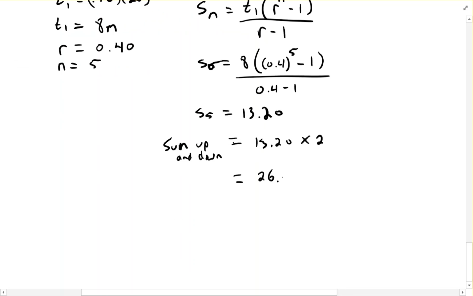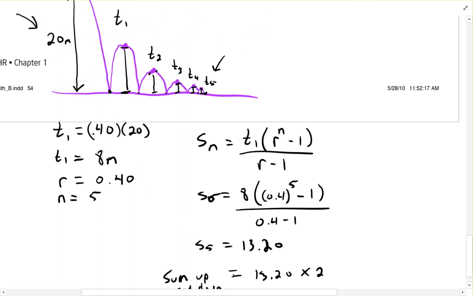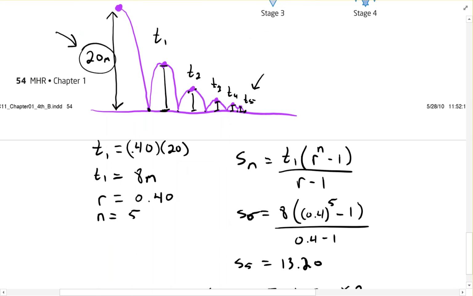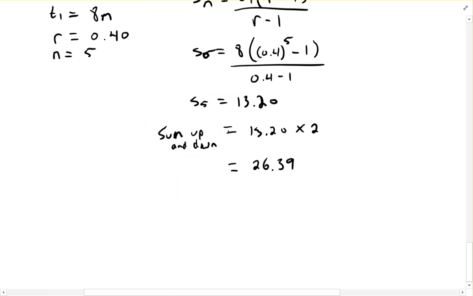We get 26.39. And then lastly, I'm just going to add 20 meters for that first part. So plus 20 meters. So we get 46.4.